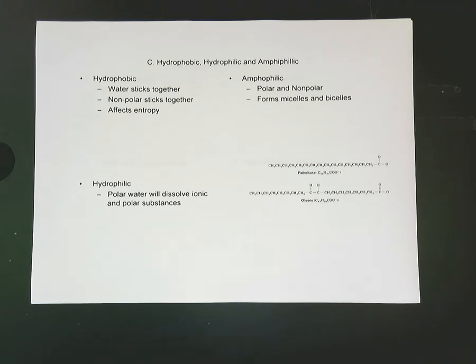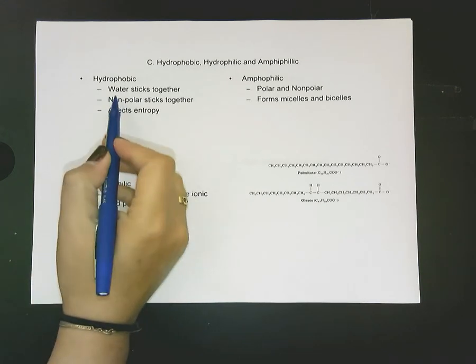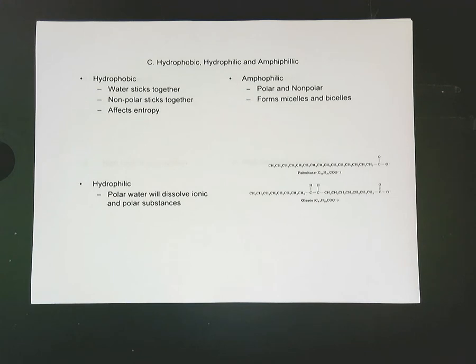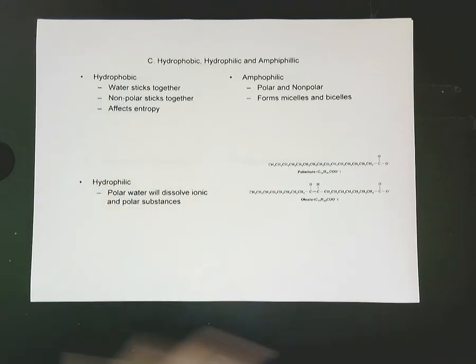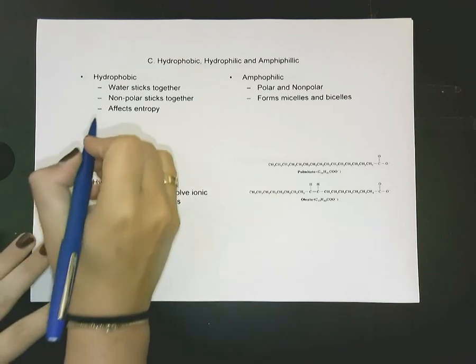So if we have a hydrophobic system, we have a system where the water chooses to stay with itself and the non-polar molecules stick with themselves. And this is going to affect the entropy of our system.